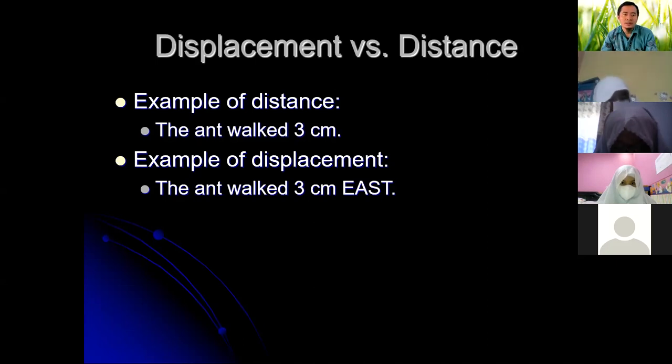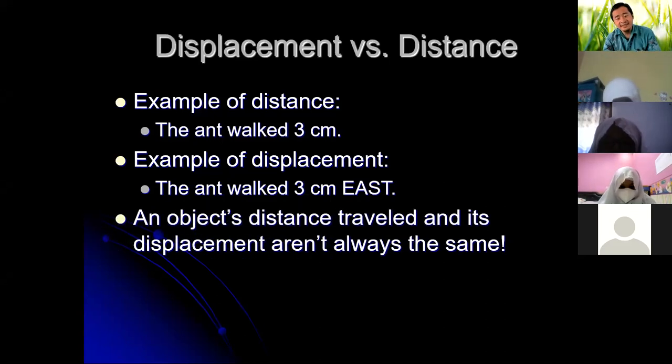None. For distance we don't need to use a direction, but for displacement we have to mention the direction. Maybe next you will study about vectors, but now in junior school there is no vector for a while.